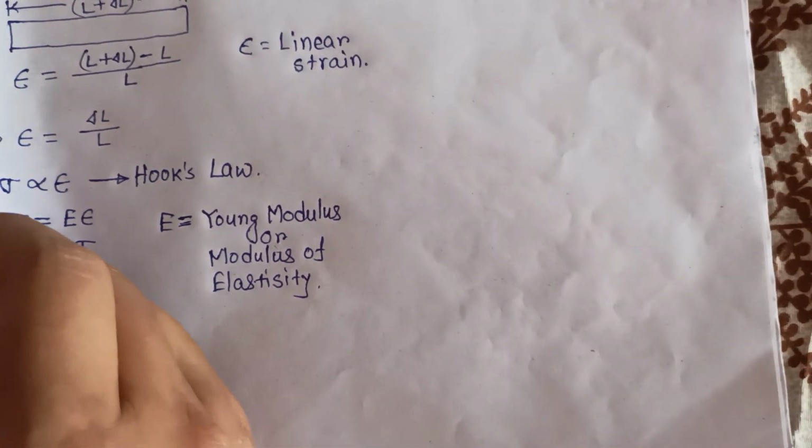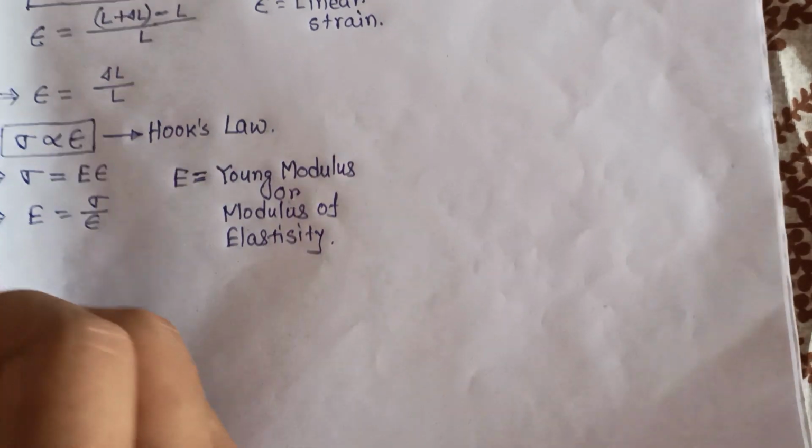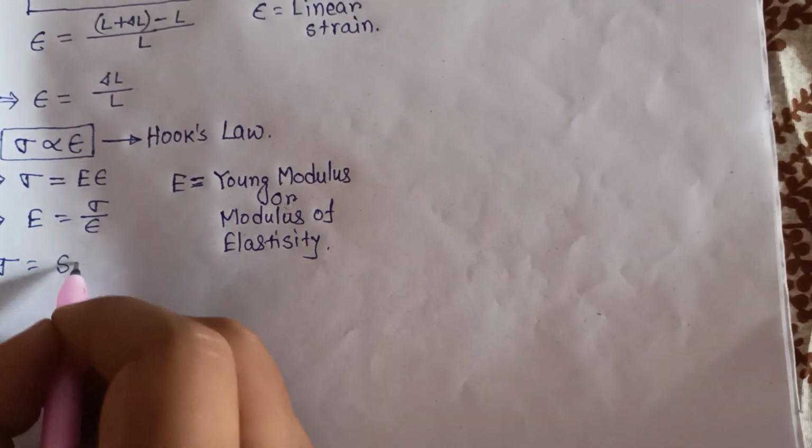So this is Hooke's law: stress is proportional to strain up to the elastic limit, where sigma is the stress.